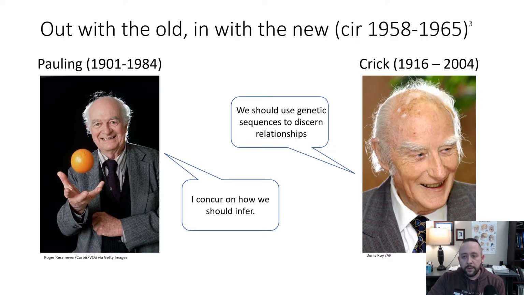And then finally, I've got Francis Crick and Pauling up here. They both published different papers at different times, but around the same time they said, maybe we should start classifying things based on genetic sequencing and not just observations we make. And that was kind of the tipping point. Linus Pauling is probably one of my heroes.